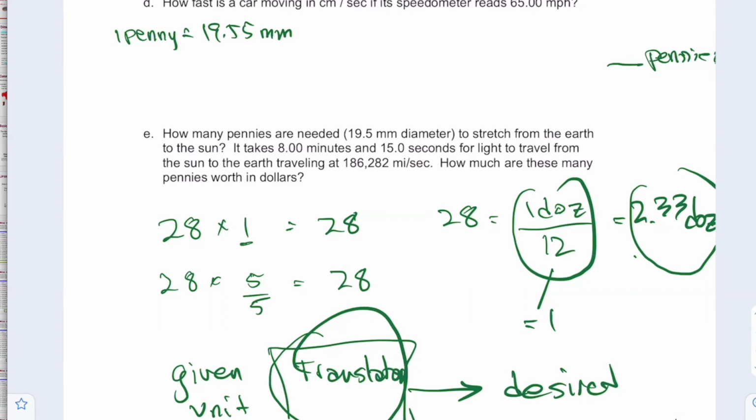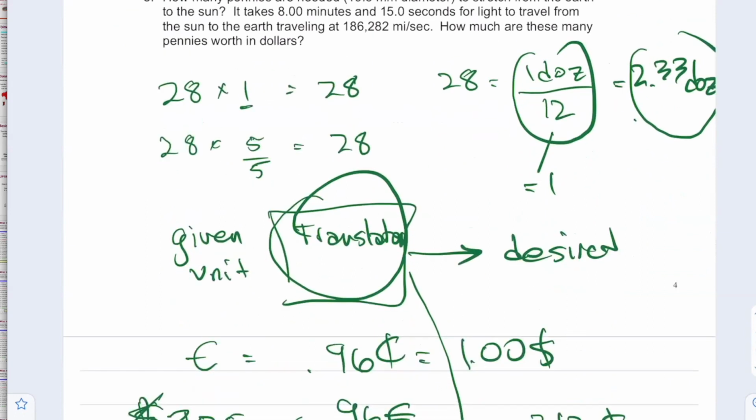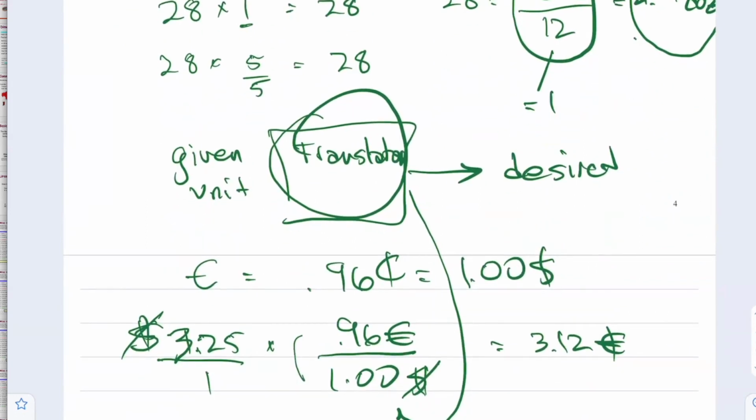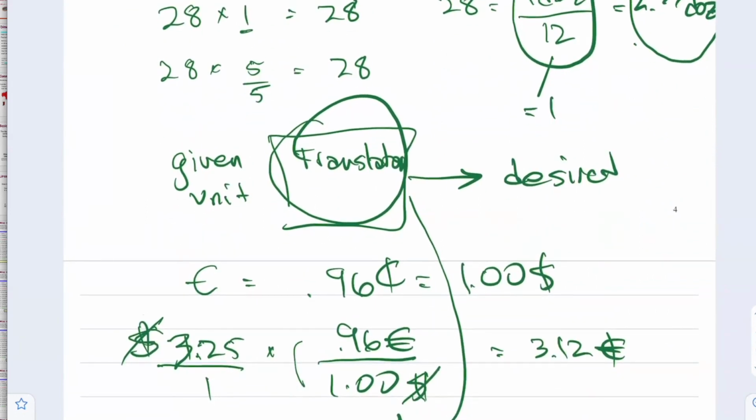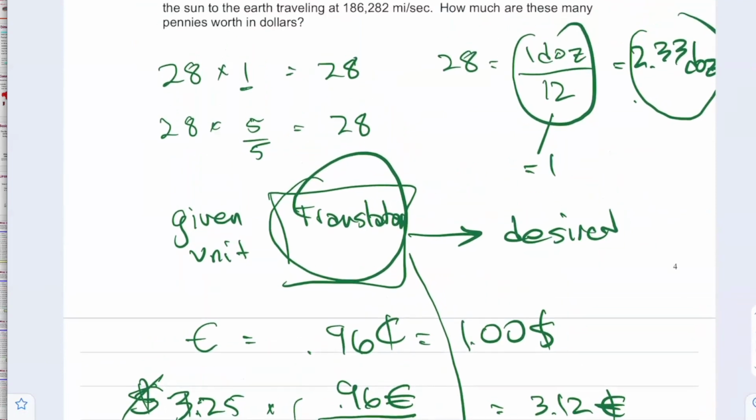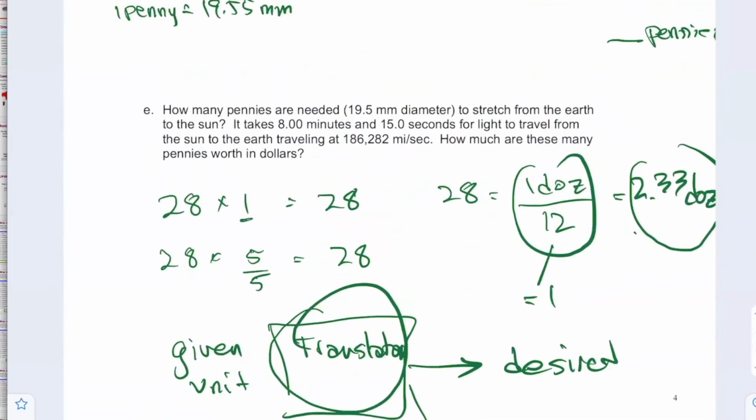So that's a conversion factor. 1 penny and 19.55 millimeters are the same for that length. It's like 0.96 euros equals $1. For that situation they are the same. For this situation, the length of a penny is 19.55 millimeters.